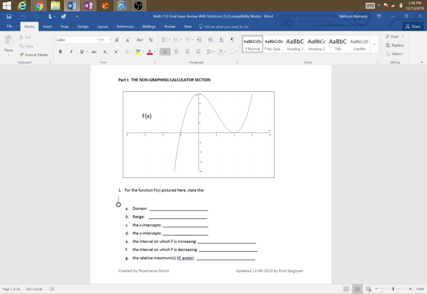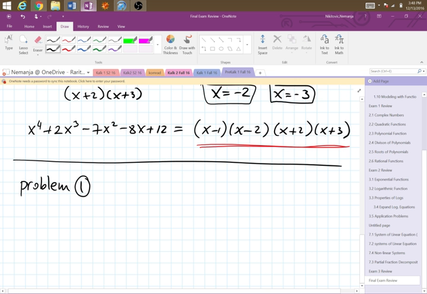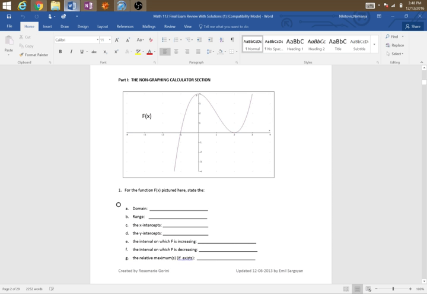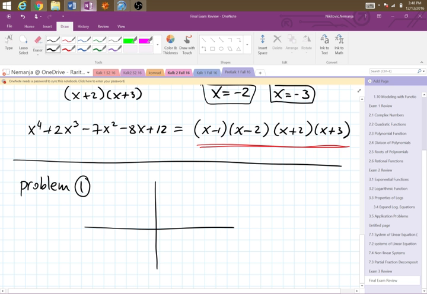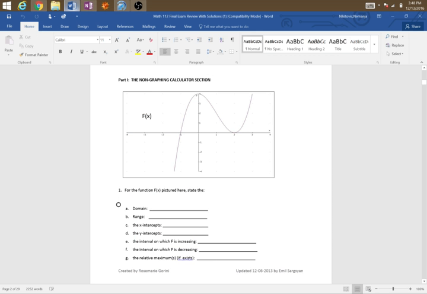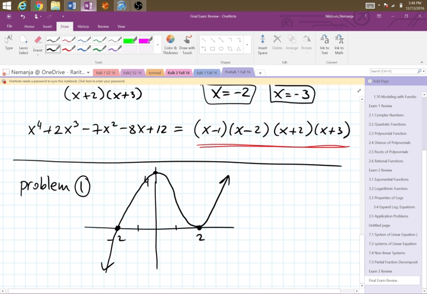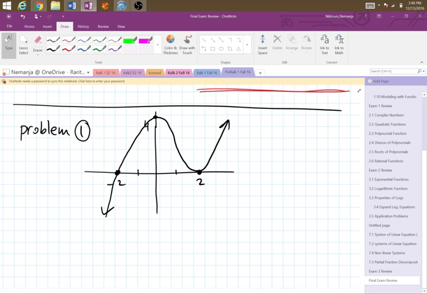I'll draw the same one so you have it in one document. -2, +2, and 4. Okay, I have this as our graph.